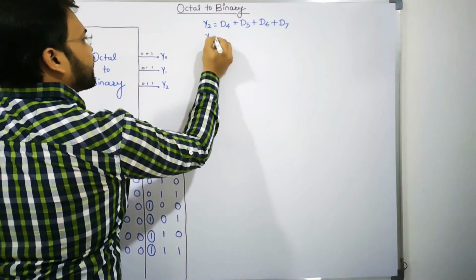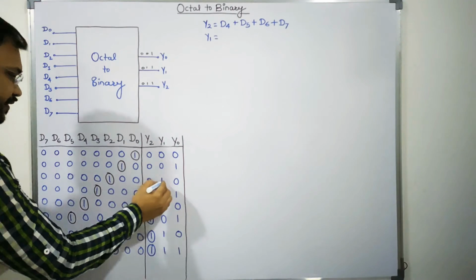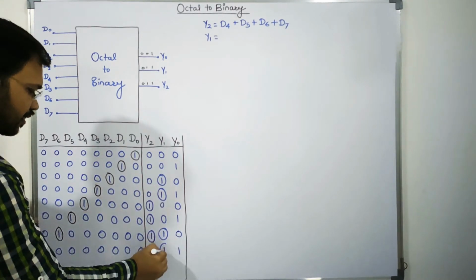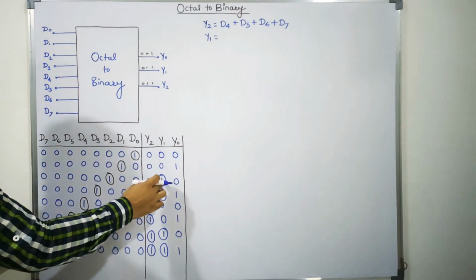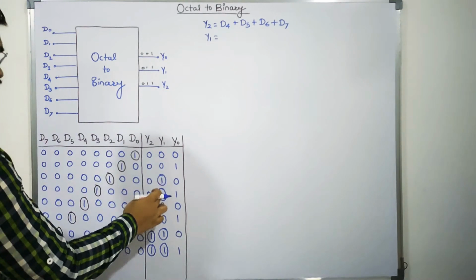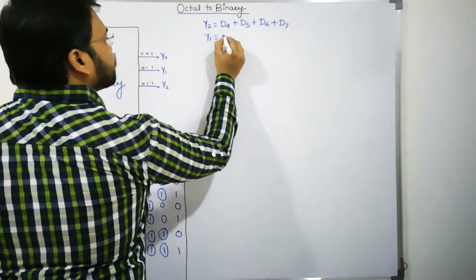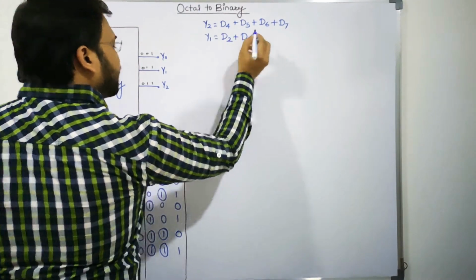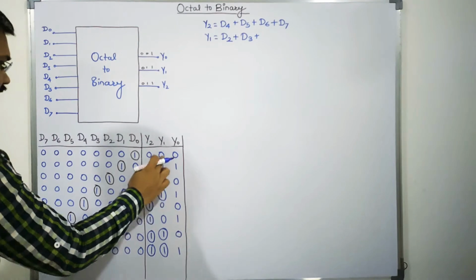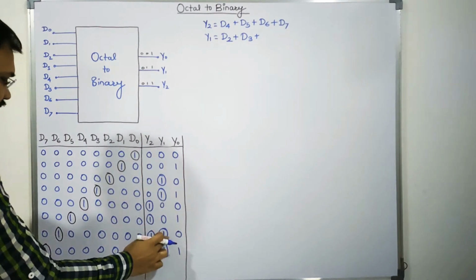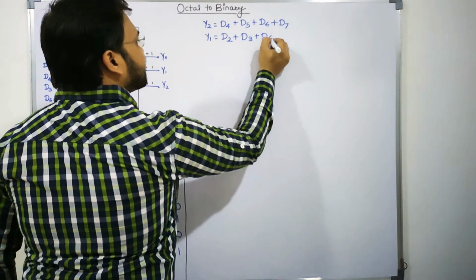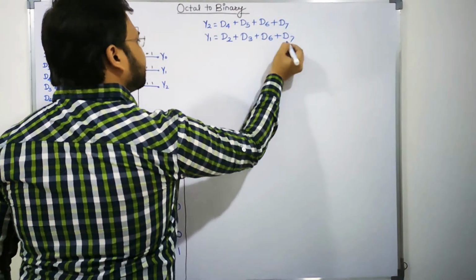Next Y1, we have to just go for Y1. Now here Y1: D0, D1, so here what your D2, D3, so this is what your D2 plus D3 plus D0, D1, D2, D3, and this is what your D6 and D7. So again this is D6 plus D7.